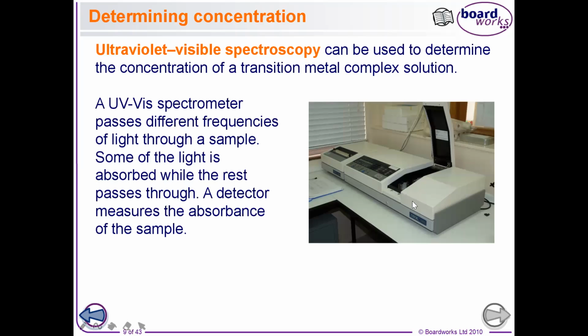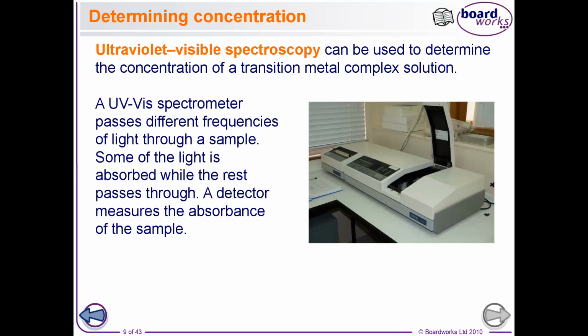This is an older model. So a UV-vis spectrometer passes different frequencies of light through a sample. Some of the light is absorbed while the rest passes through, and then a detector measures the absorbance of the sample. So this is the principle behind the UV-vis spectrometer.